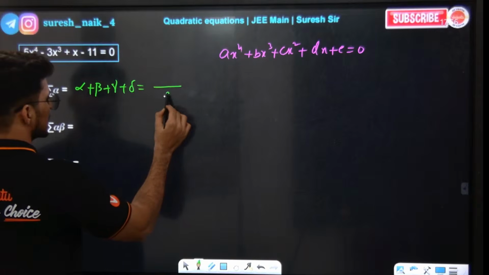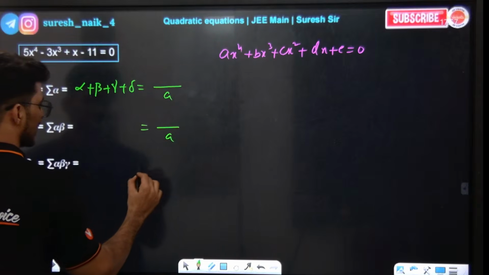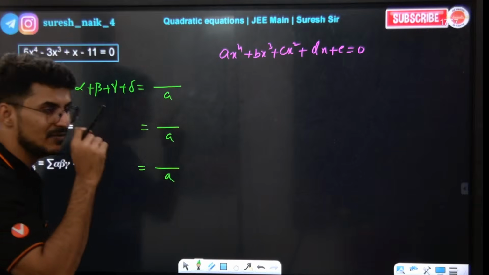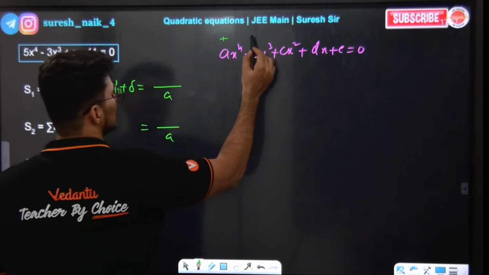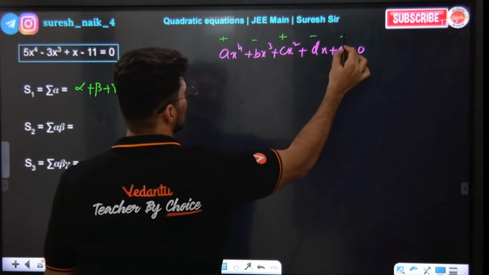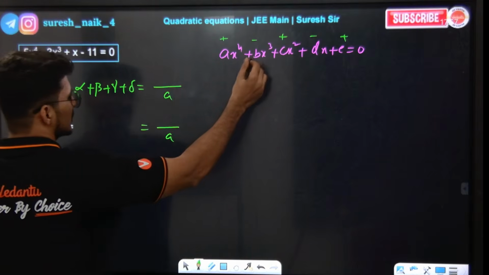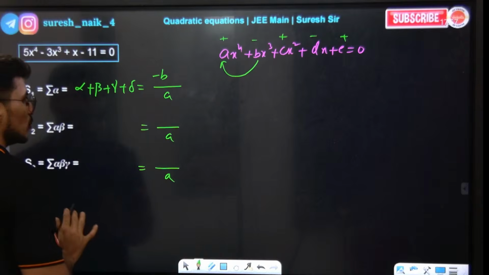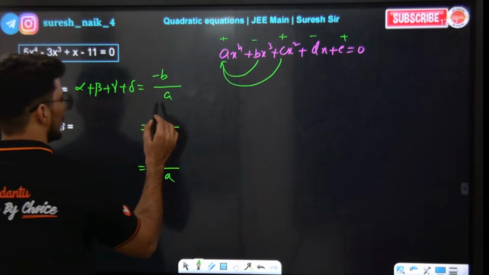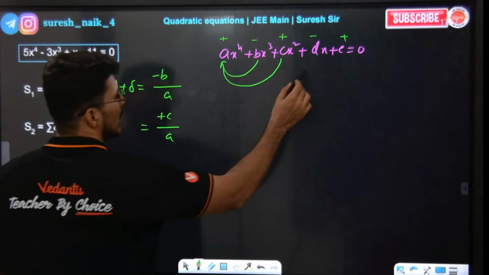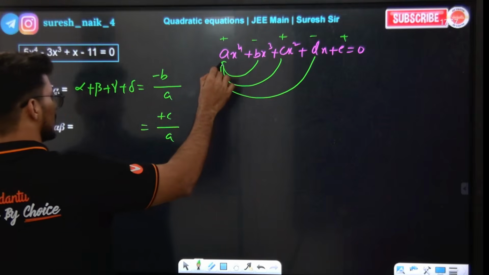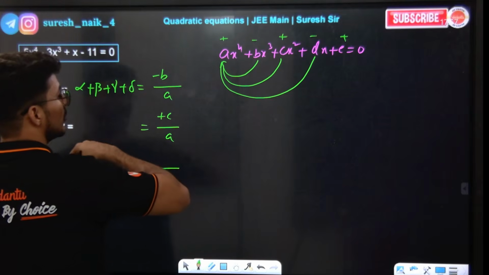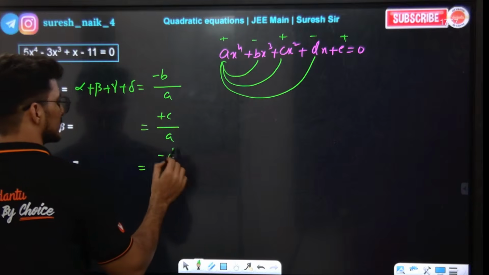And the denominator is the same, a will come everywhere. a, plus, minus, plus, minus, plus. So the sum of the roots is minus b by a. The sum of the product of two roots at a time is plus c by a. The sum of the product of three roots at a time is minus d by a.